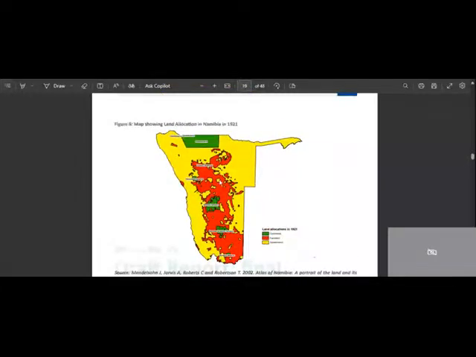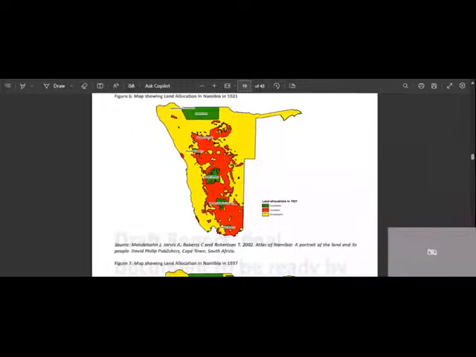The people are on the run. Some of them are still in Botswana. Some of them died. They killed them. The land was taken by force. You have to kill someone to take the land. That's how they were doing this.